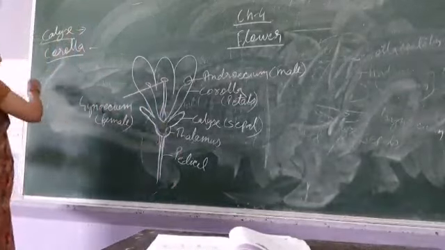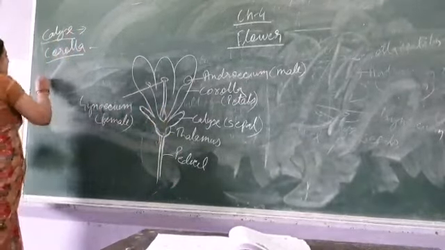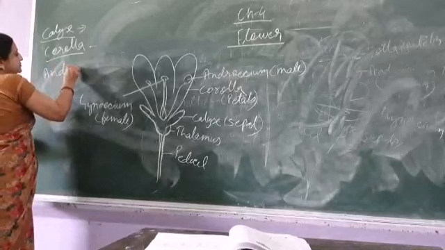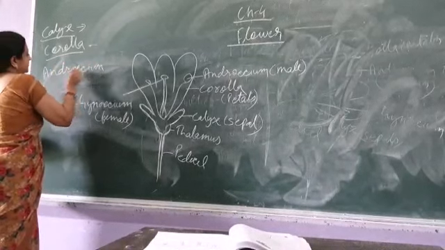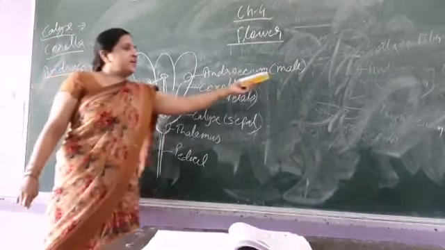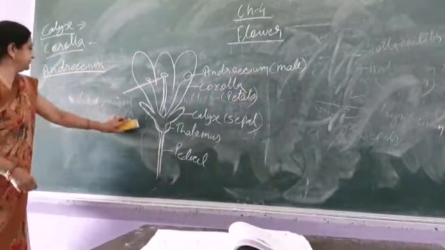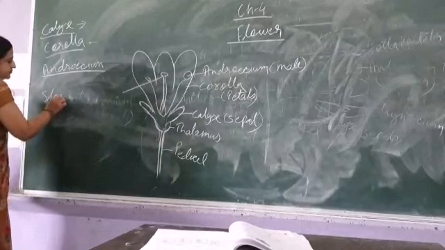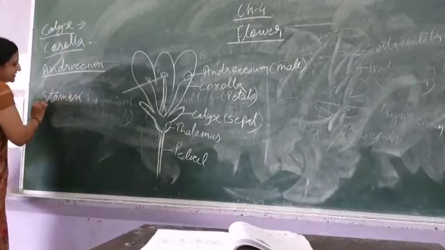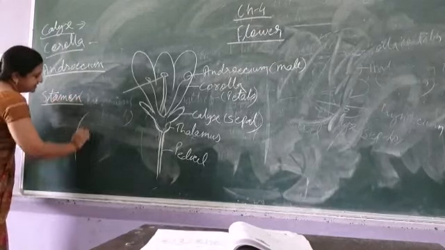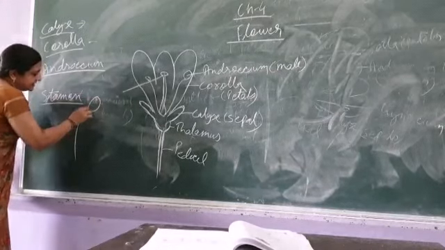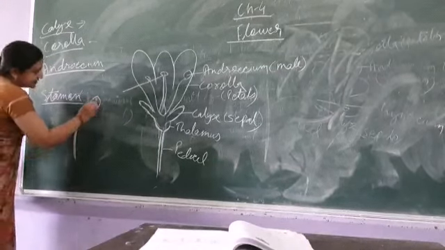Now, we will study the essential parts of the flower, and first is the androecium. Androecium is the male part of the flower, and it is made up of stamens. The structure of a stamen is like this. It is made up of two parts.